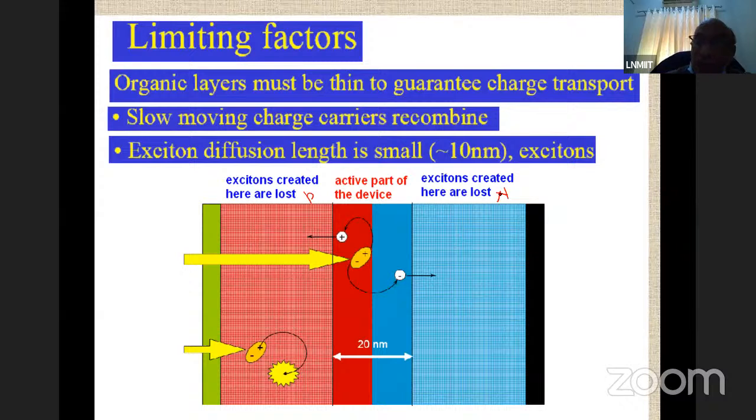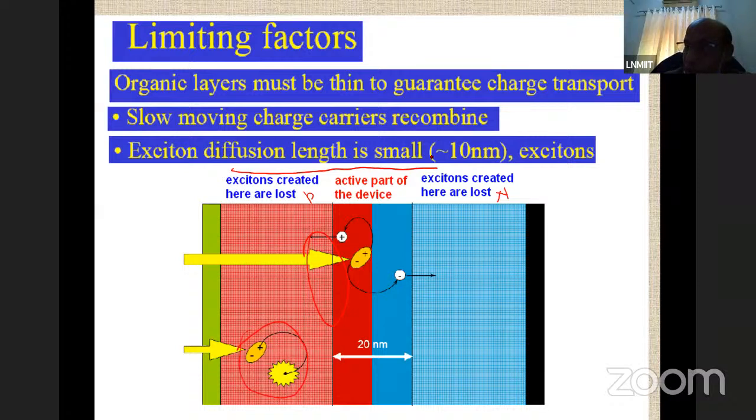Now when the light is incident, only the excitons which are generated near the interface will be able to dissociate into free charge carriers. The excitons generated far from the interface will not be able to reach it, due to the low exciton diffusion length.